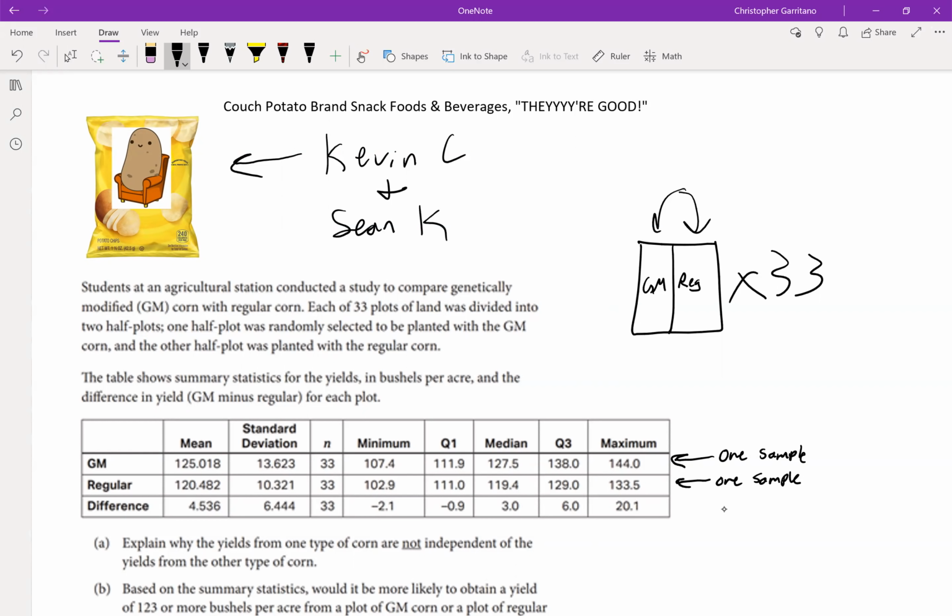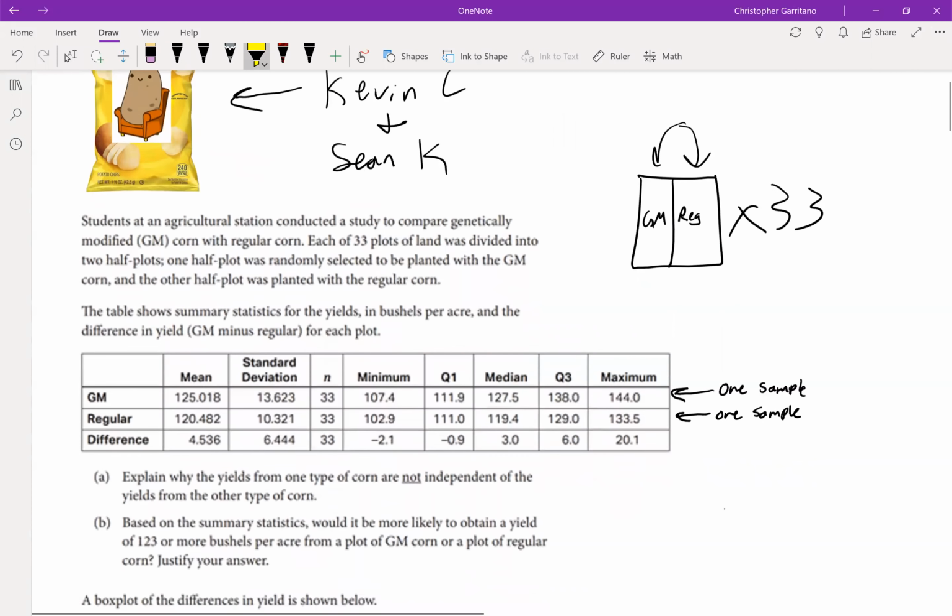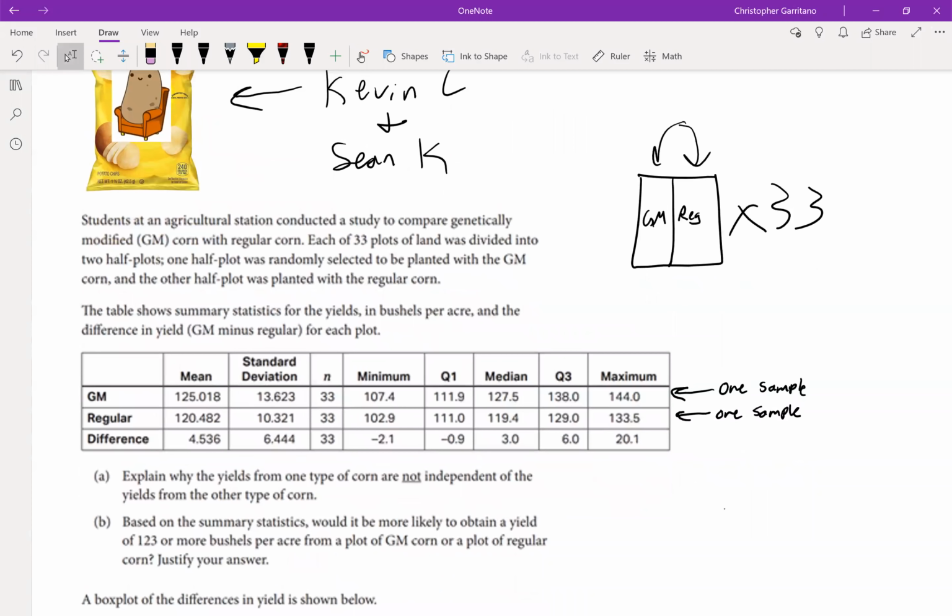Now below here we have some summary statistics from just these samples. So that's one thing that I want to make clear here. What we're looking at is one single sample of genetically modified growth, or bushel yield really, and one single sample of regular yield, right?